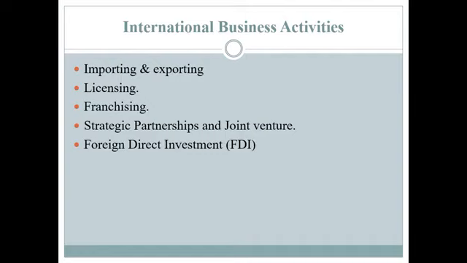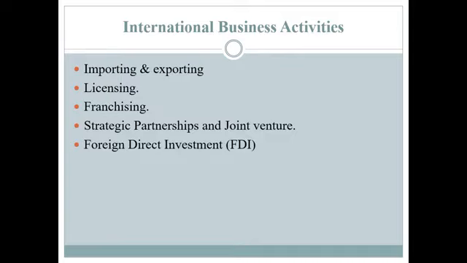What is this activity? What is import and what is export? These are the two terminologies which we usually utter, right? Import means a good or service is brought into one's country from another country. Whenever you purchase or bring goods or services into our country from another country, that activity is included in import.